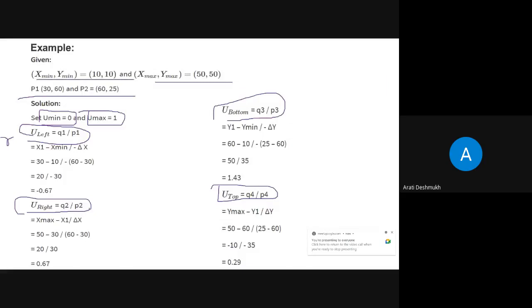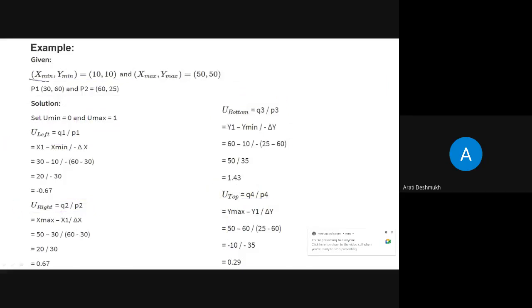See, this is an example where you just know xw minimum, yw minimum, yw max, p1 and p2.